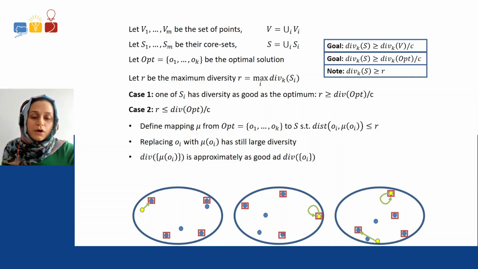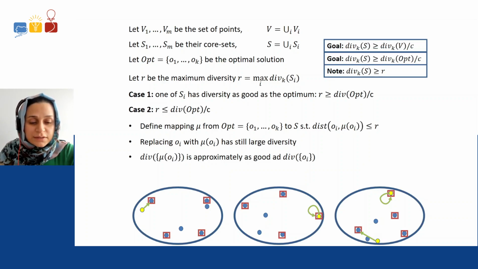Okay, so now the observation is the following: because of the property that I talked about for the greedy algorithm, I know that the closest point in the coreset to any point that is not in the coreset is at most R. So this distance is at most R. And because the distance between any pair of points in the optimal solution is large, this replacement, by triangle inequality, cannot make it much worse.